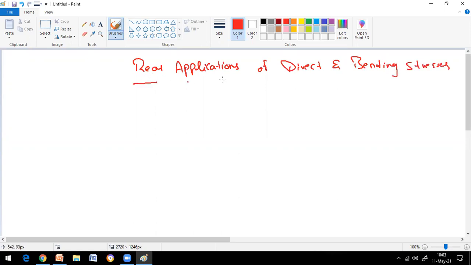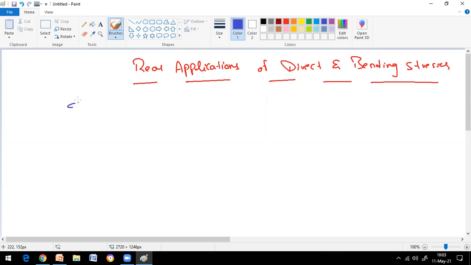Now you tell me, what are the real applications where structures are subjected to direct and bending stresses? There are 3 important structural elements which are subjected to direct and bending stresses combinedly, which we call the resultant stresses.